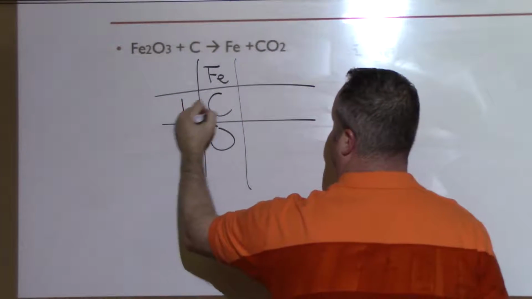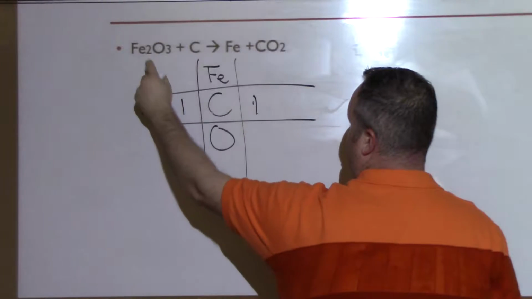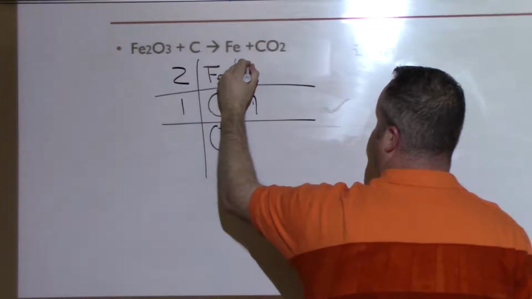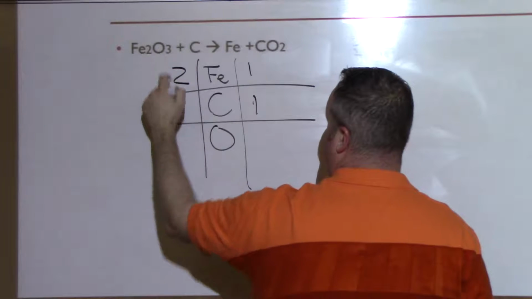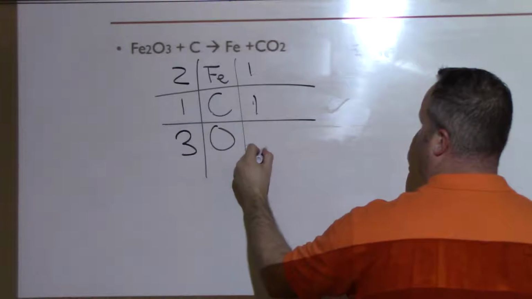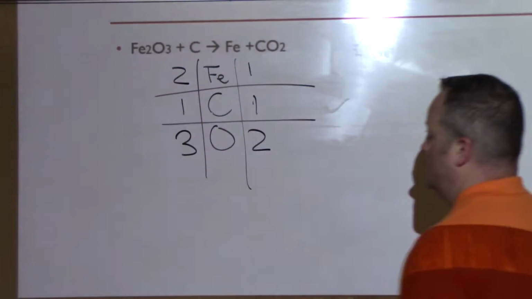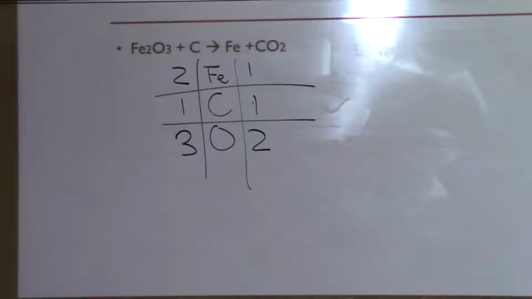So I have 1 carbon and 1 carbon. I have 2 iron, 1 iron, and I have 3 oxygen, and I have 2 oxygen. So go ahead and pause the video real quick, take a moment to see if you can solve that, and then we will come back and look at our solution.